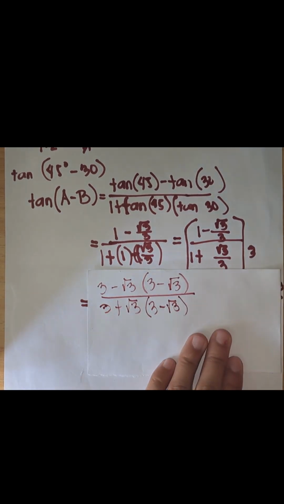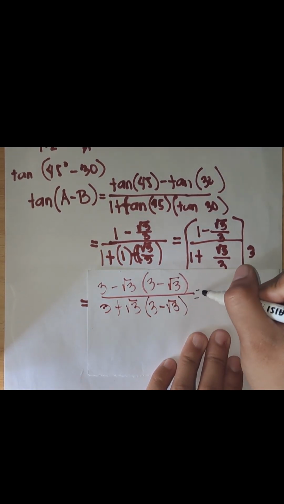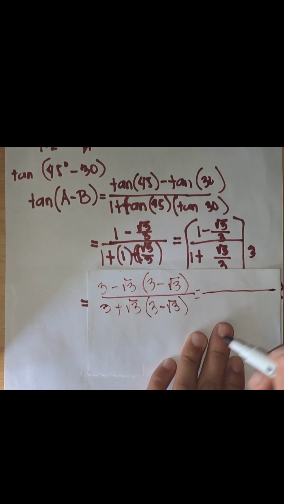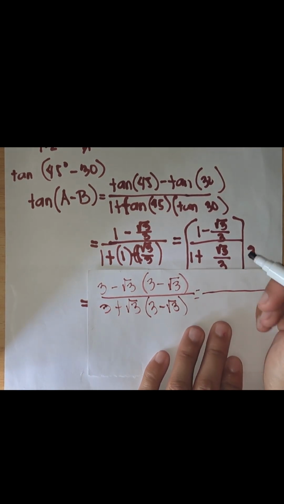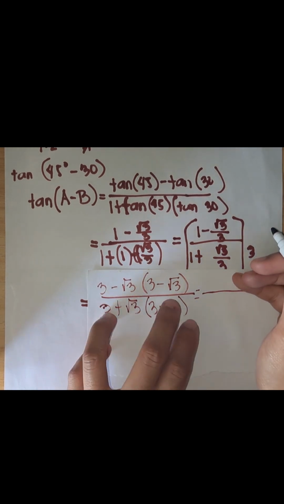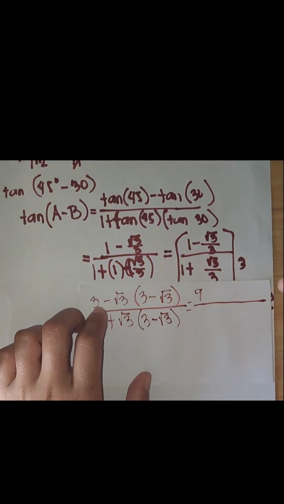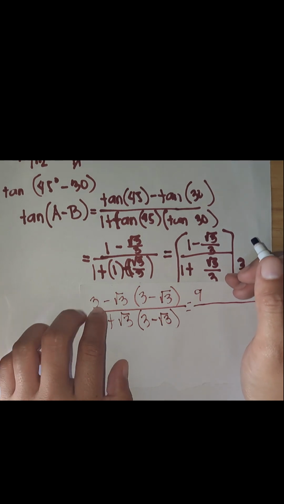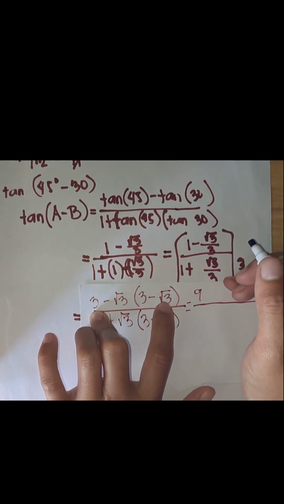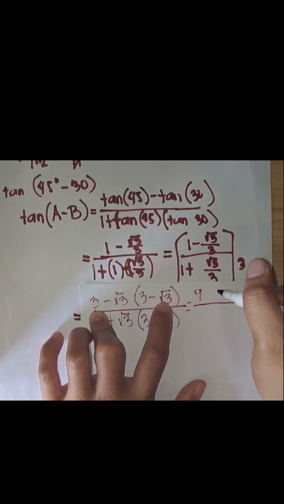Then after that we use the FOIL method to simplify the terms. We have 3 times 3 is 9. The second one is 3 times negative root 3, so we have negative 3 root 3.